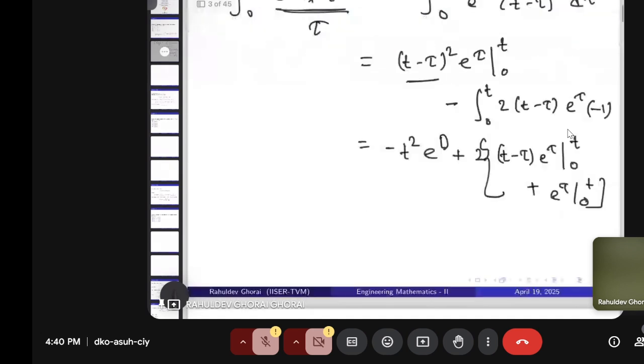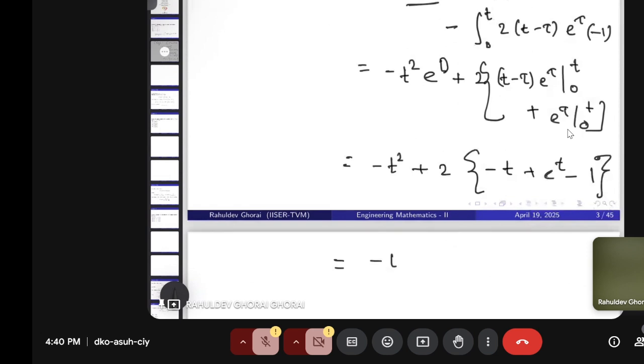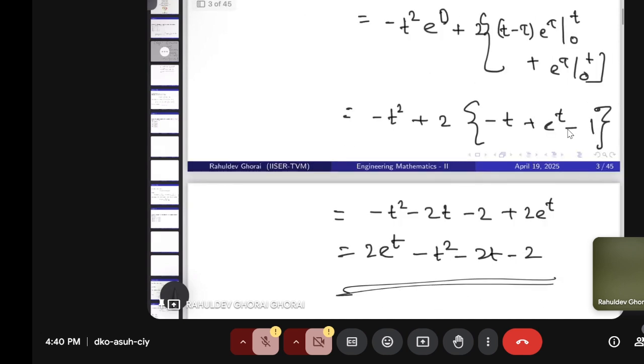Just to make sure you are also getting the same, hopefully you will get plus 2 times: at tau equal to t that is 0, so negative of t, plus e to the power t minus 1, e to the power 0 is 1. That equals minus t square minus 2t minus 2 plus 2 e to the power t. So we write that 2 e to the power t minus t square minus 2t minus 2. This should be the answer.